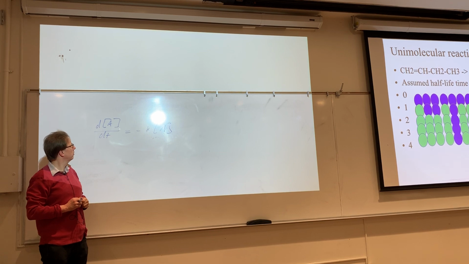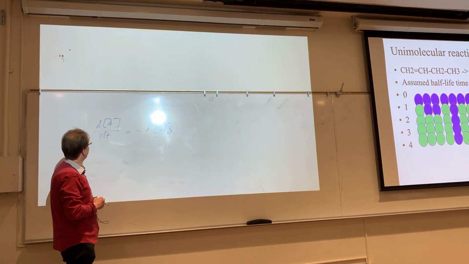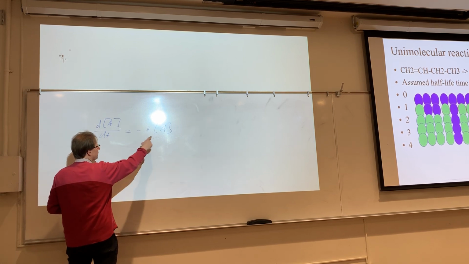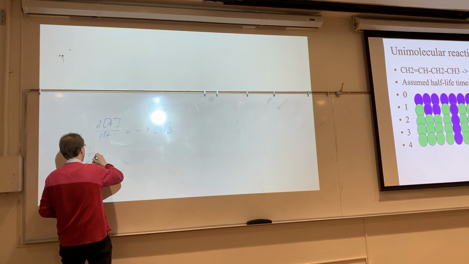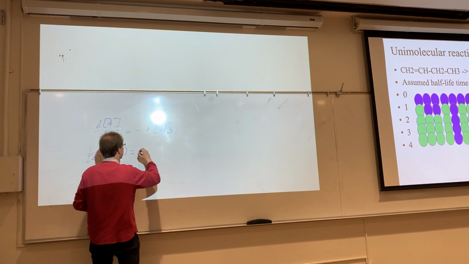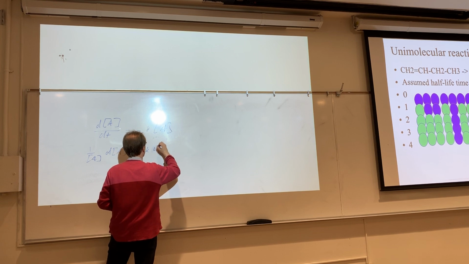Okay, that is of course an easy differential equation. We can separate the variables. We put the A on this side and the t on that side, so it's 1/A dA equals minus k times dt.